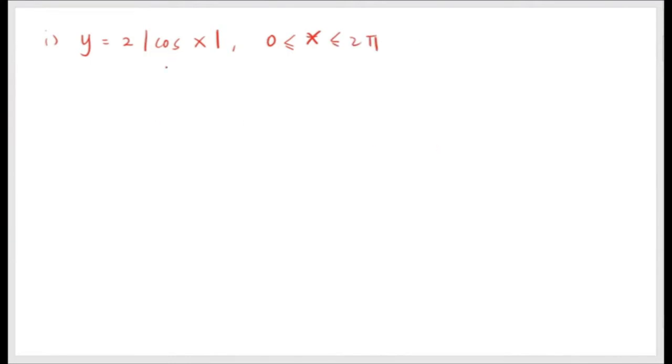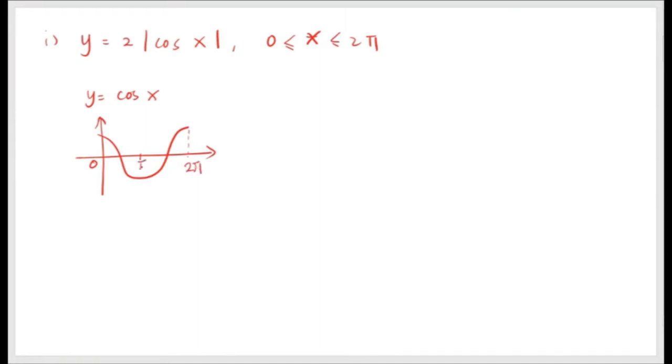First we need to draw the graph for cos x. Cos x is in this one, right? Okay, 0. Up to here is 2 pi radian.